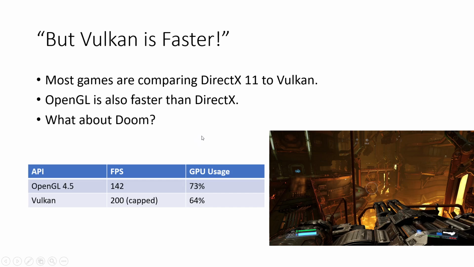I like to test with all the settings on low, because what I'm testing here is the interface between the application and the driver and the GPU, not what happens once things get over to the GPU. If you have a lot of post-processing effects cranked up, then that's where things tend to even out more.